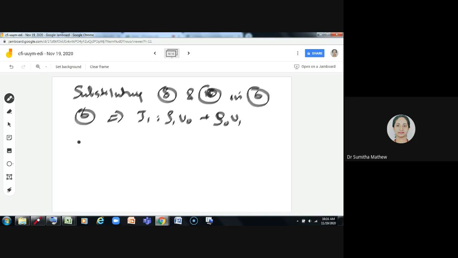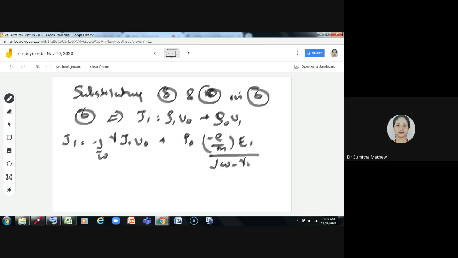Substituting that, we get J1 is equal to minus J by omega gamma J1 V naught plus rho naught into minus E by M into E1 by J omega minus gamma V naught, since minus J naught is equal to rho naught V naught.